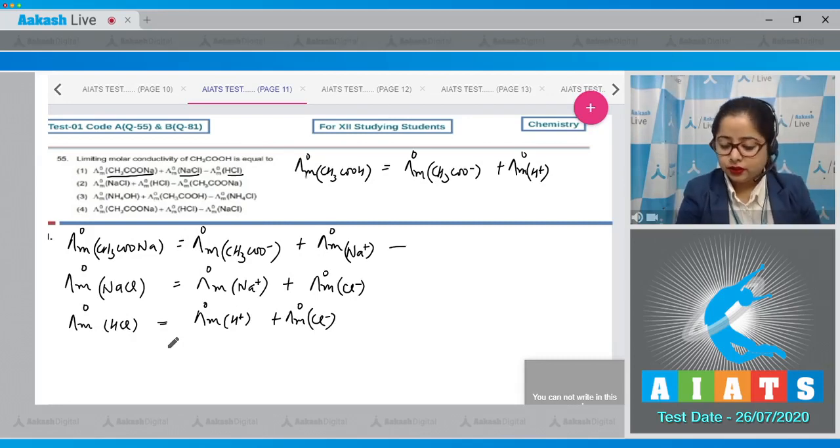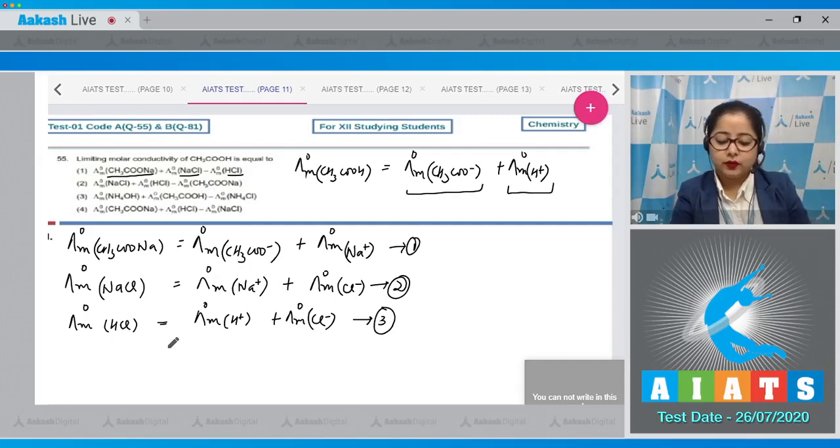Now student, mark this equation as 1, this as 2, this as 3. We want limiting molar conductivity of acetate ion and H plus ion. That means we have to add equation 1 and 3 and subtract equation 2.